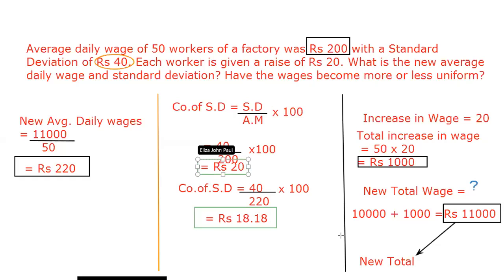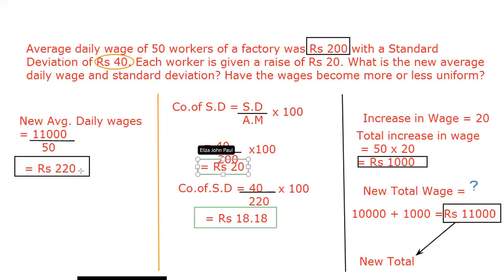It is less, right? We need to come to a conclusion. When our arithmetic mean was 200, our coefficient of standard deviation was 20. But after increasing rupees 20 for each employee, there is an increase in total wages, so our arithmetic mean also increases to 220.